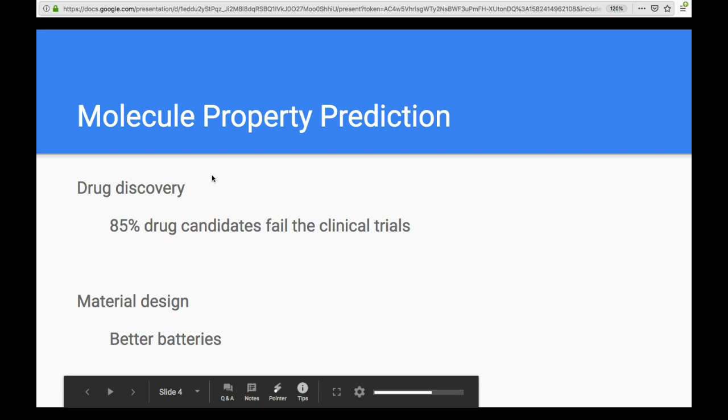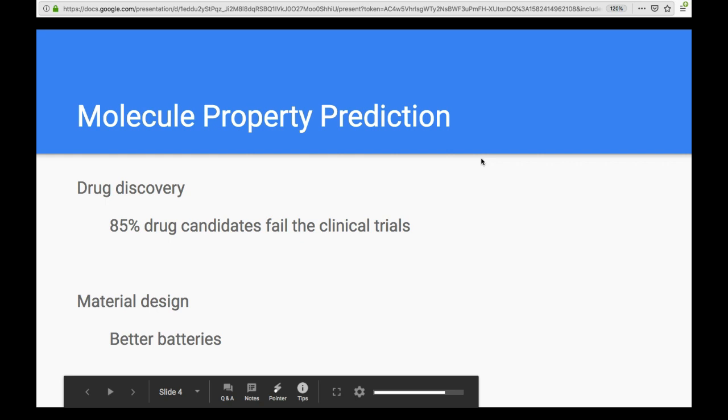So why do we need to do molecule property prediction? There are two main use cases. The first one is drug discovery, because 85% of drug candidates fail clinical trials in the US. So a lot of them fail.